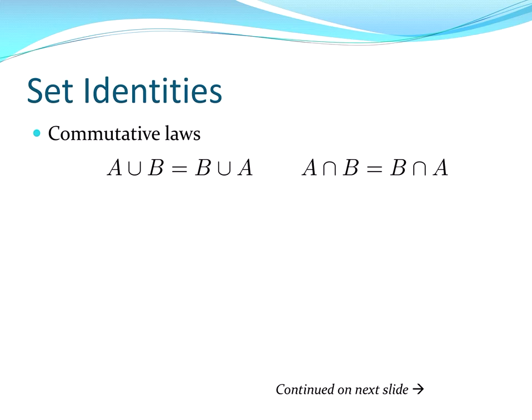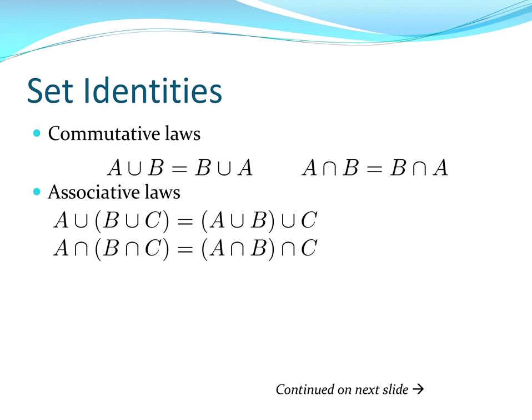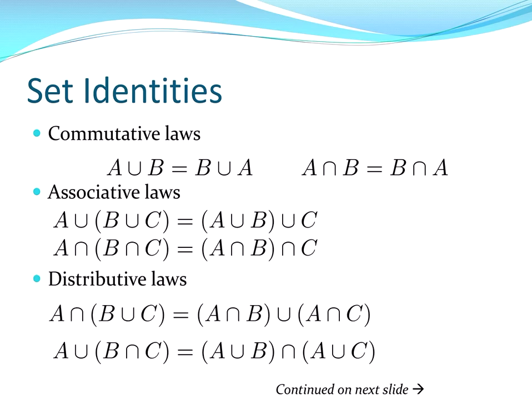The union and the intersection operators commute. Doesn't matter the order. And they're also associative if you have a string of unions or a string of intersections. It doesn't matter in which order you do those operations pairwise. And distributive laws also apply.